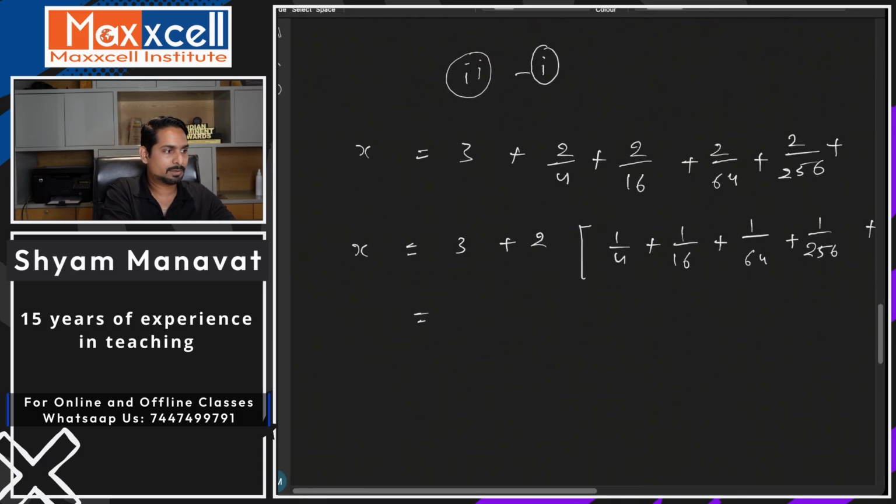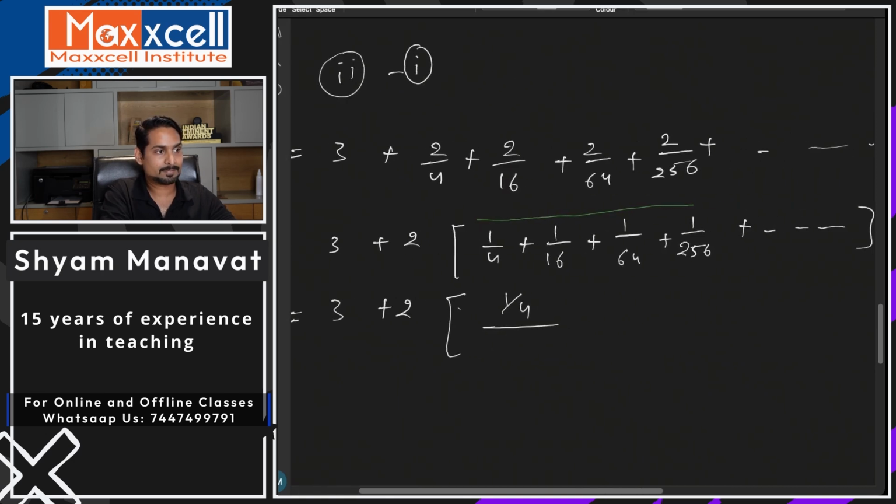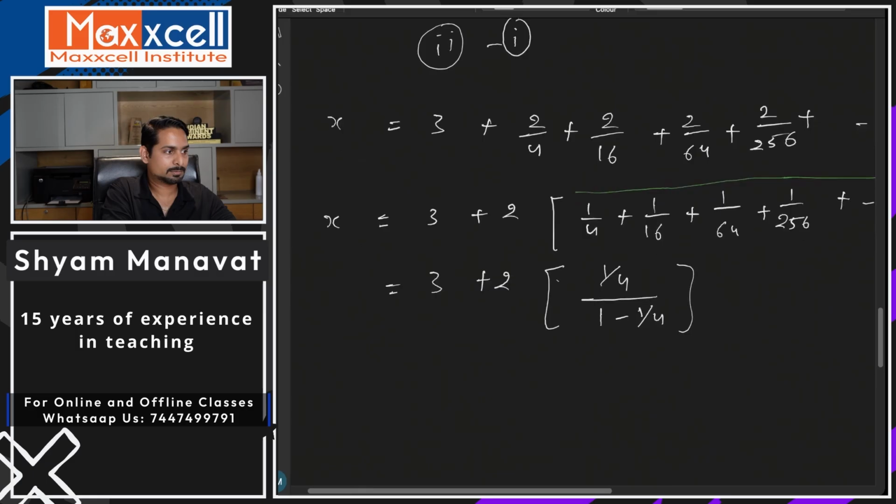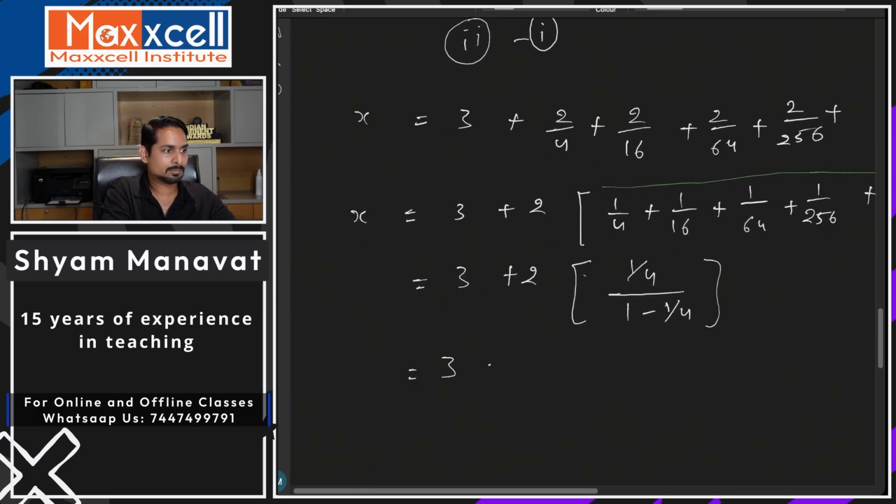What are you left with? 3 plus 2 into the sum of infinite terms of this GP, right? This is now a GP where the first term is 1 upon 4 and the common ratio is also 1 upon 4. Simplify 1 upon 4 by 3 upon 4.